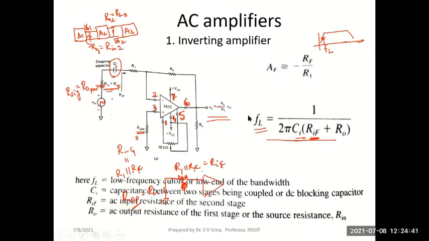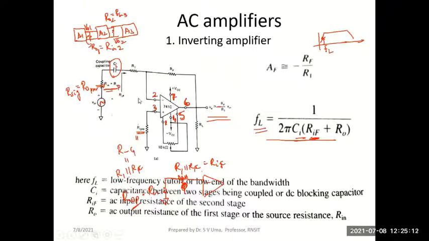So the gain and the lower cutoff frequency, as I told you, the expression for lower cutoff frequency is always in the form 1 by 2 pi RC. Here the C value is this coupling capacitance Ci, and the series resistance value is this R0, which is the output resistance of the previous stage, which appears in series with the signal Vin, plus RIF.